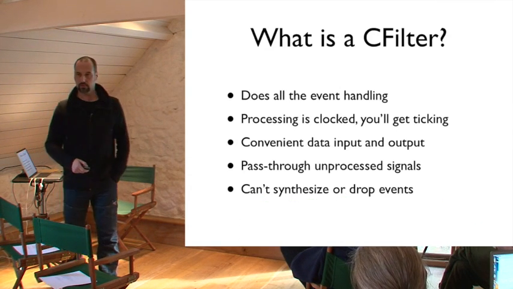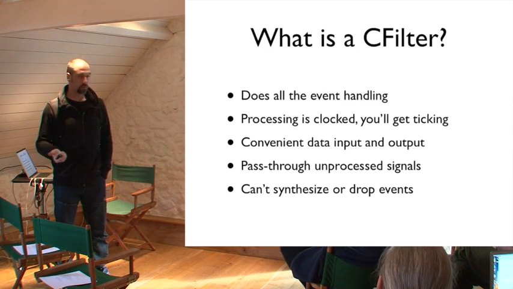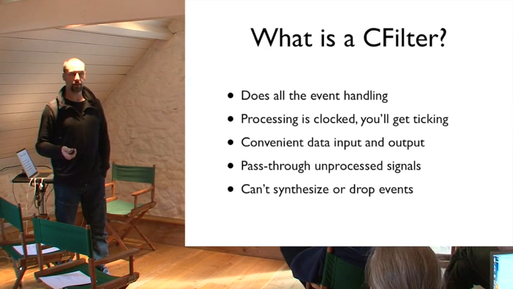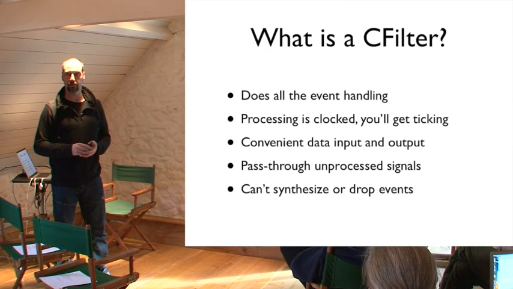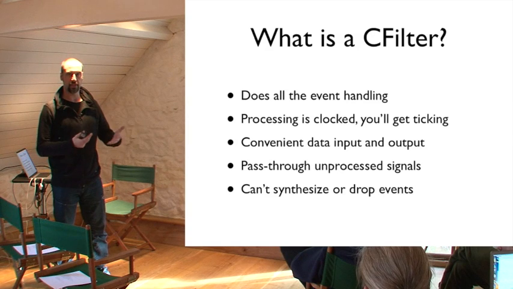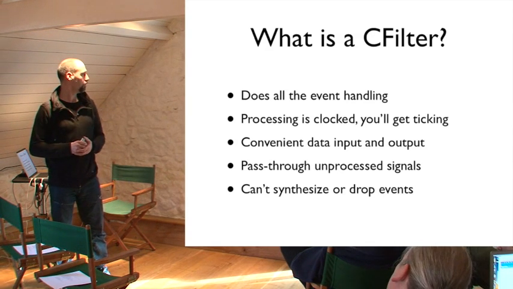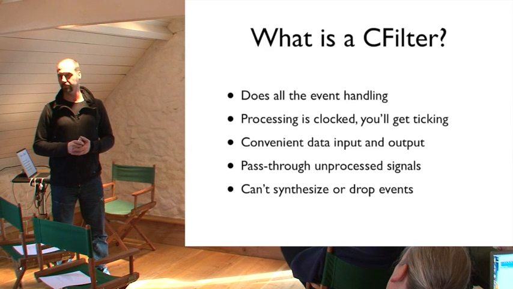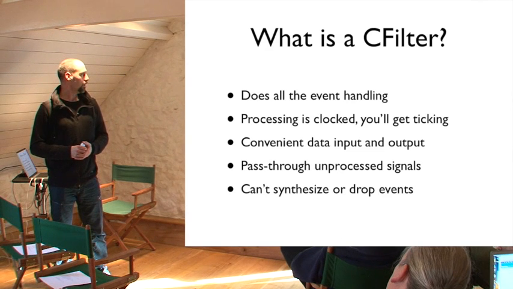And that gets us into the guts of the thing, which is the C filter. The C filter is handy because it does all the event handling. You just get the signals, you know when events get started and stopped, and you process the data that's relevant and then generate the data that you want to output. This happens at regular clock ticks, since it's a clocked filter, right?